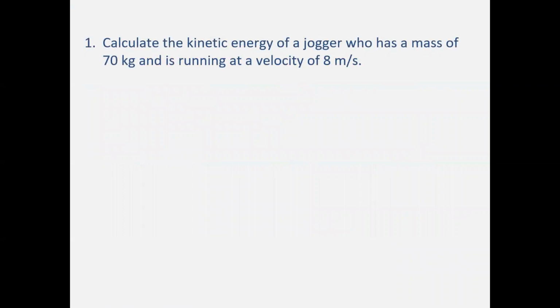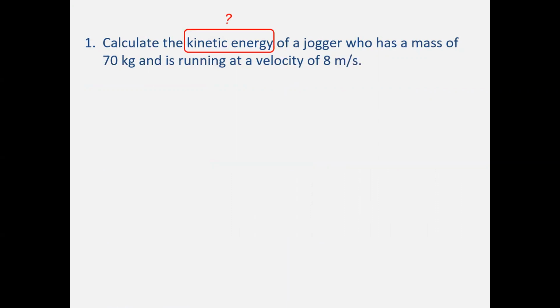So, question 1, calculate the kinetic energy of a jogger who has a mass of 70 kilograms and is running at a velocity of 8 meters per second. Now, when I attempt questions like this, I always try to dissect the question. Have a look at what that question is actually asking me for and what that question provides me with.